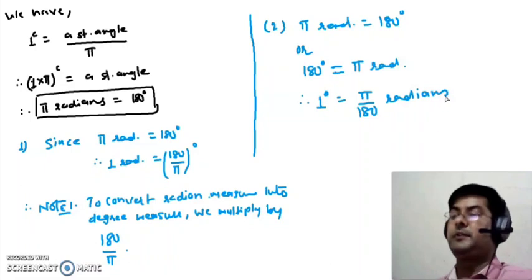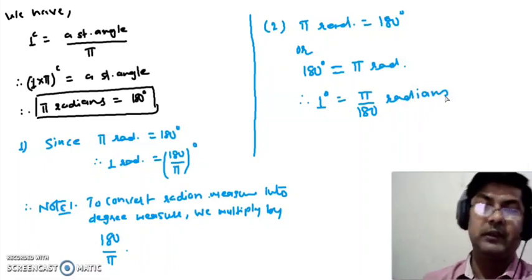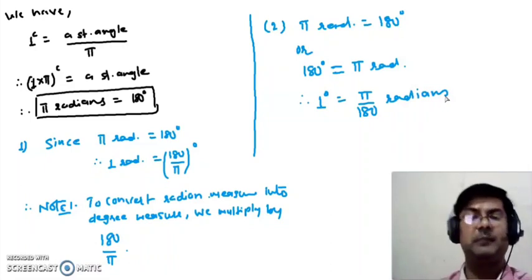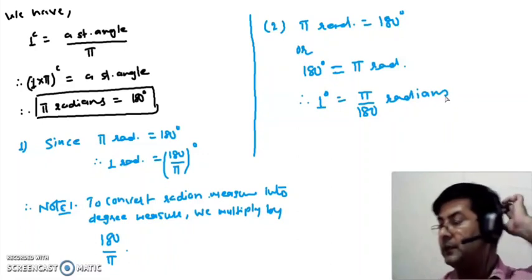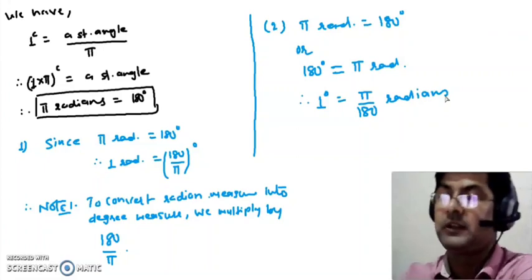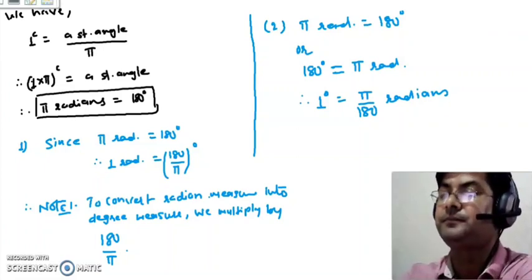So in short, if you want to convert the degree measure into radians, you will multiply by pi by 180. Another note you can make, let us write down on the next page.